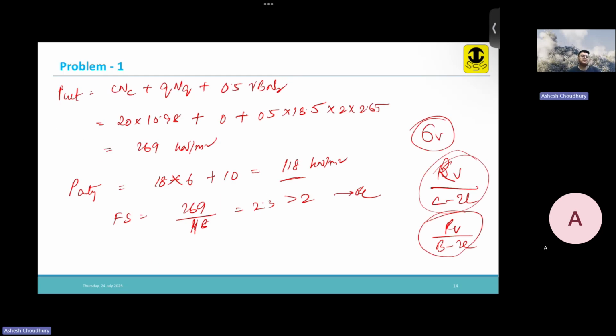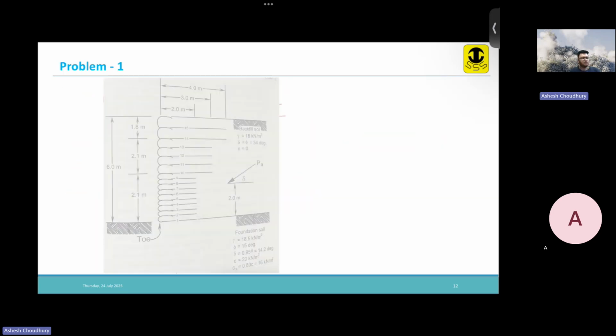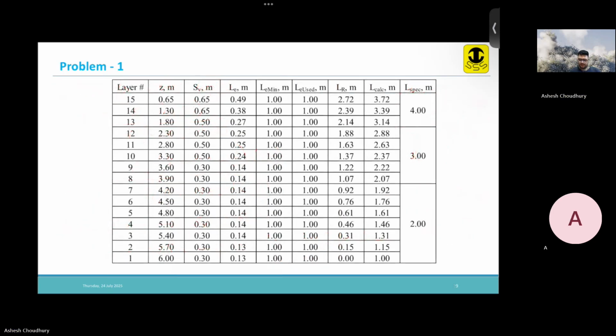Okay, so let's go through this problem in 2 minutes just once, then we will go to the next problem, the last problem.